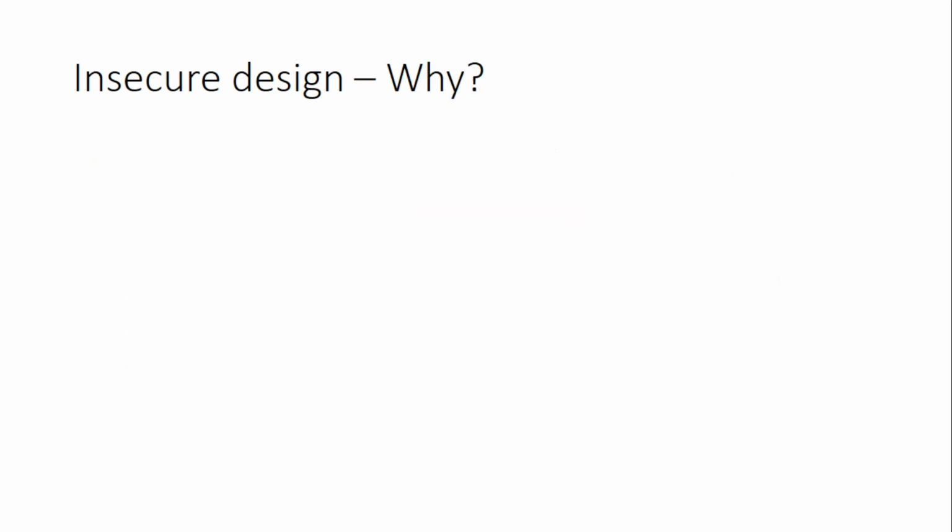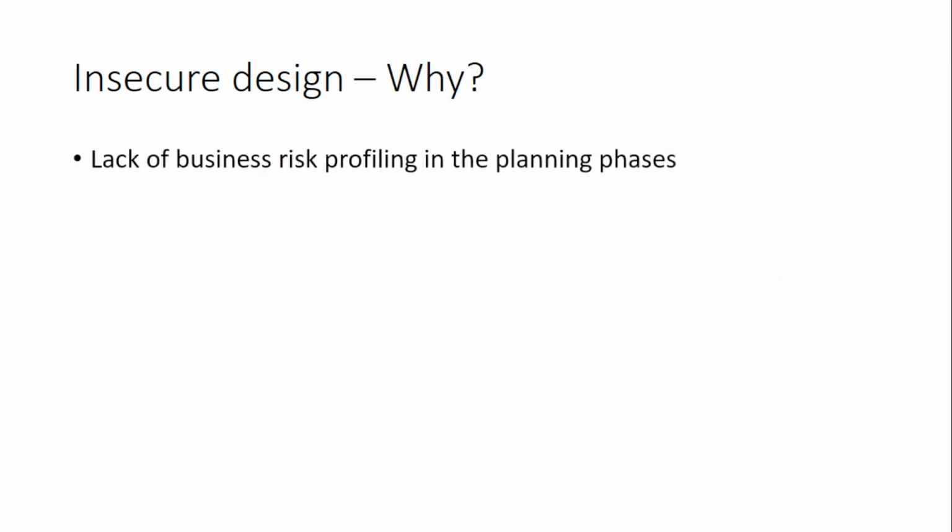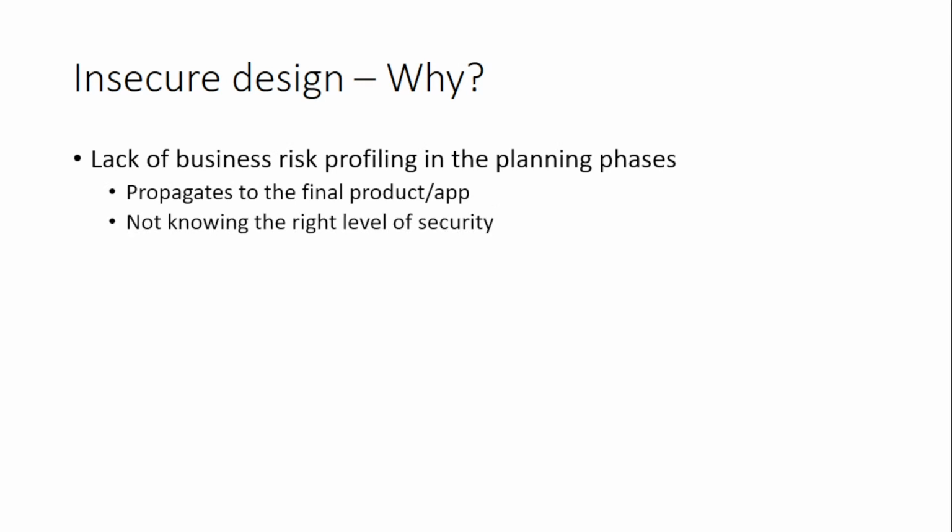So why is that? Generally speaking, it comes from a lack of business risk profiling in the planning phases. So this propagates to the final product or app, and not knowing the right level of security is one of the problems. Another reason why we could have insecure design is shortcuts that have been introduced in the code to make testing easier.